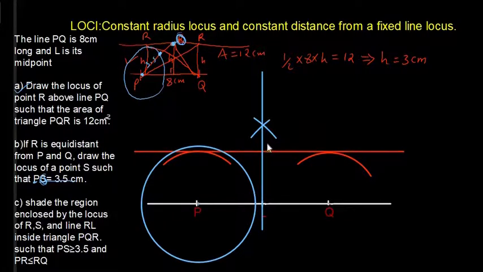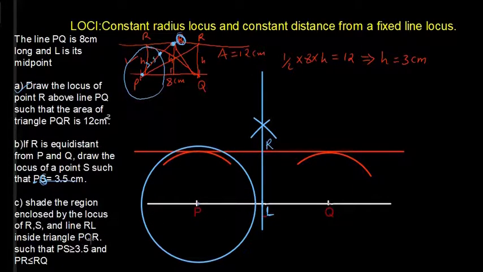And before we move to part C, I hope we remember that this point here is R. We have point R at that particular point. So for part C, shade the region enclosed by the locus of RS and line RL. Remember, L was at this particular point. It's covered by the line.